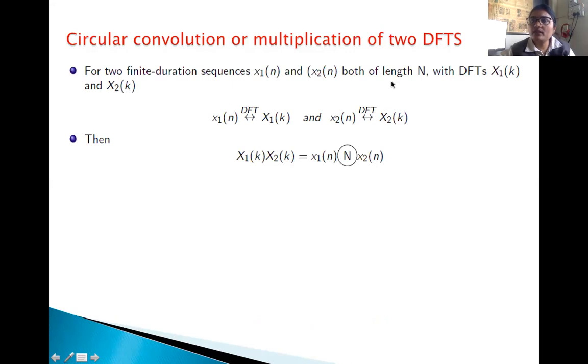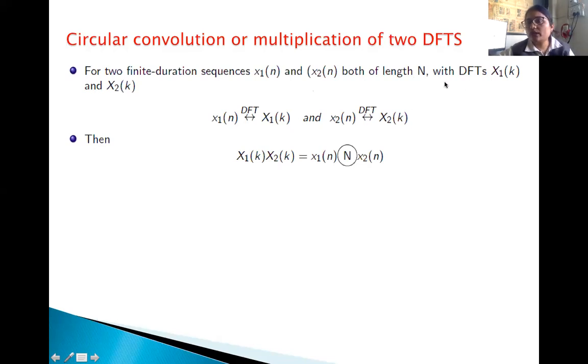Both have the same length, equal to capital N. The number of discrete values present in each sequence is N. So the lengths of these two sequences are equal and equal to N.